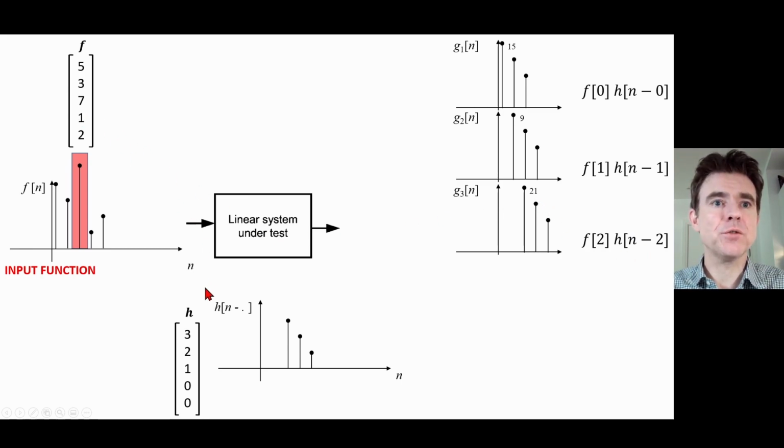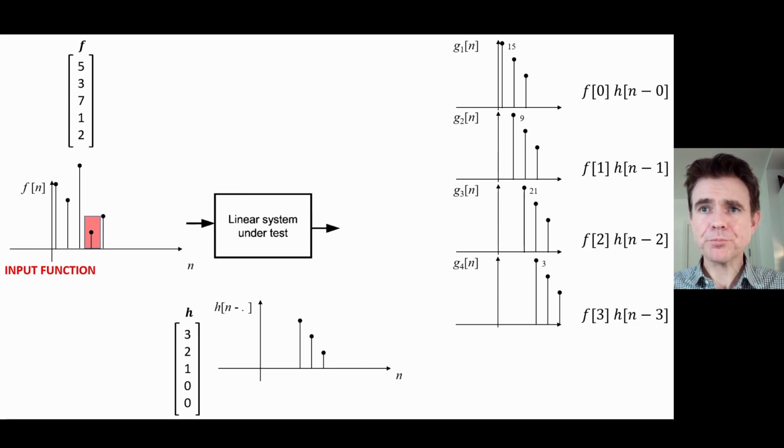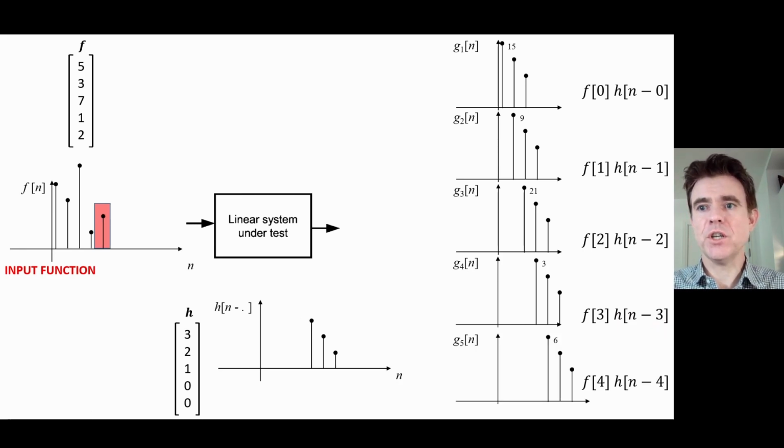And so we've got 7 times 3 is 21, and likewise the others are scaled as well. Next impulse, same kind of reasoning. We just get the value of the input function f evaluated at n equals 3. That's the overall scale factor for the response function h of n shifted to the location of that impulse, and likewise again for the final impulse function.